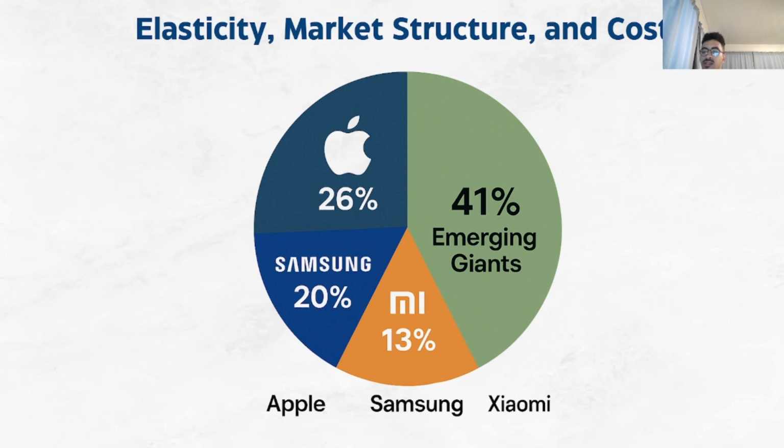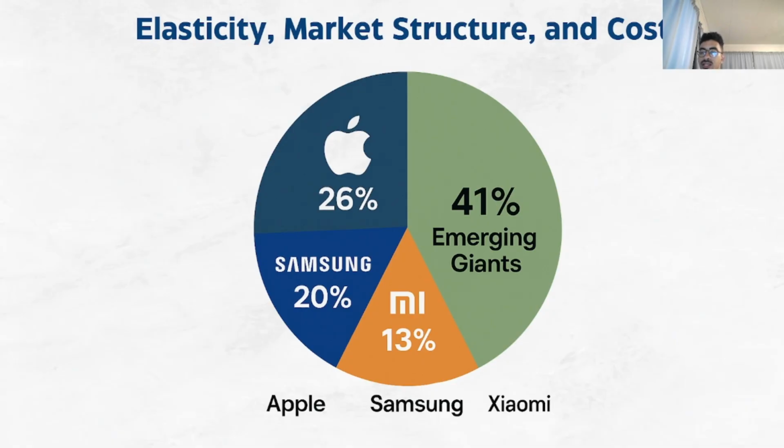Apple's market is an oligopoly with only a few competitors controlling most of the market share. Because of economies of scale, Apple lowers production costs by producing large quantities efficiently.